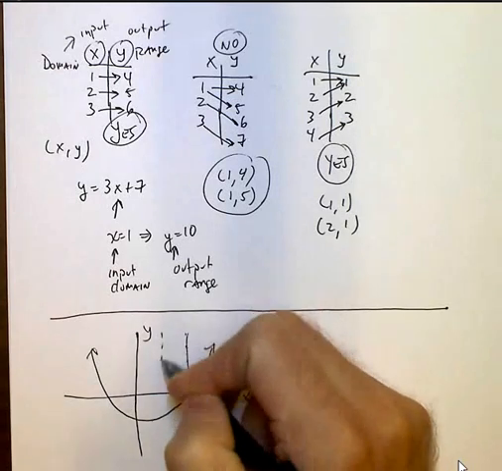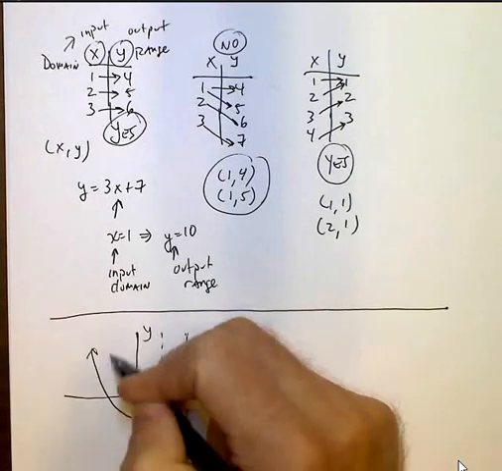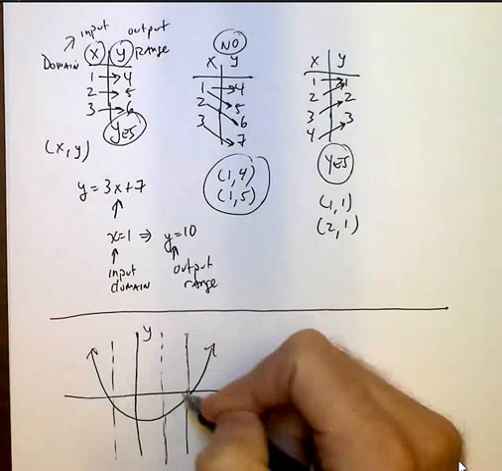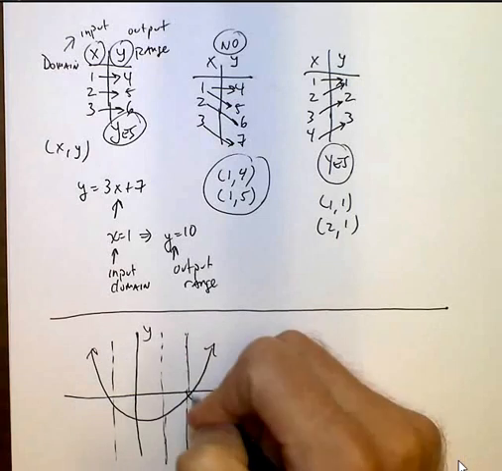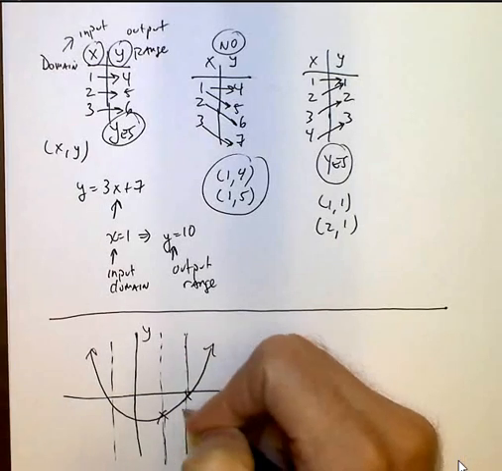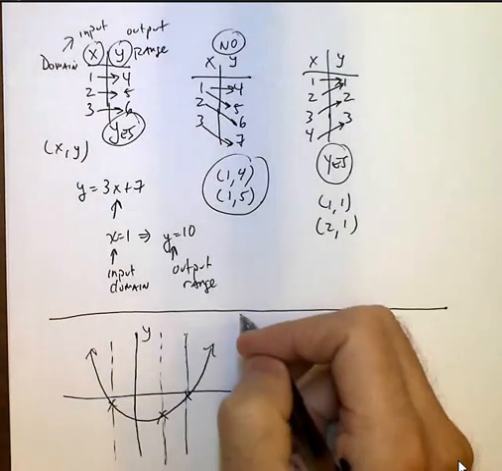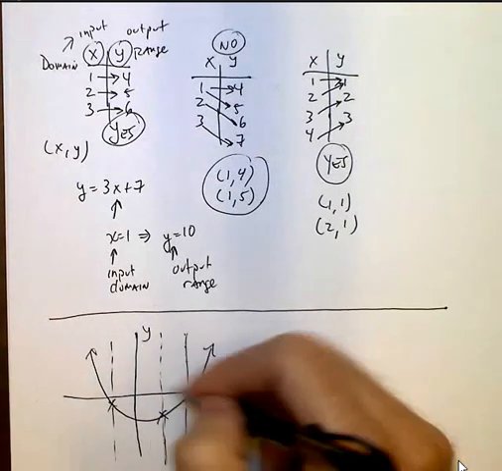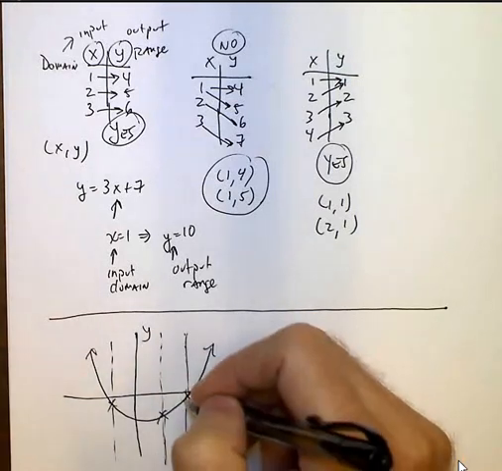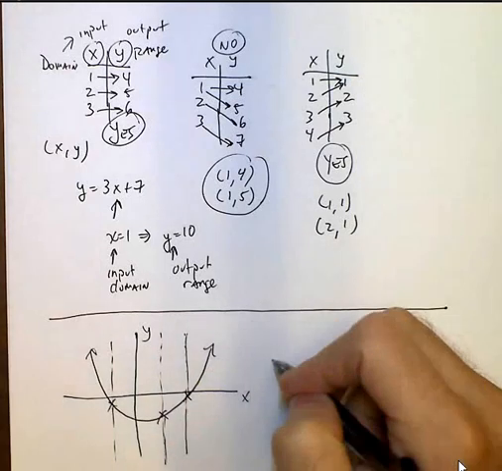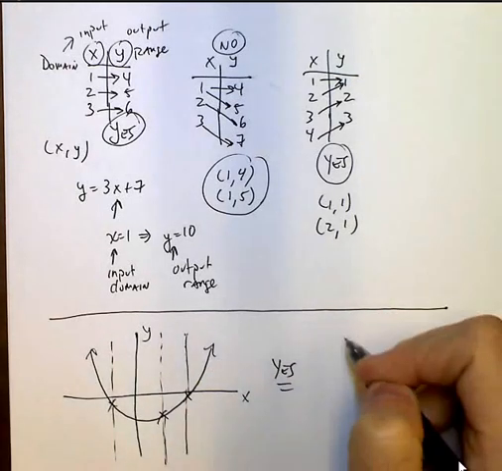You could pick any number of vertical lines, but if that vertical line intersects the function at only one point, here it intersected here, here the vertical line intersected here, there is no place on this function where if I intersect with a vertical line, I'm going to get more than one point. This is a function.